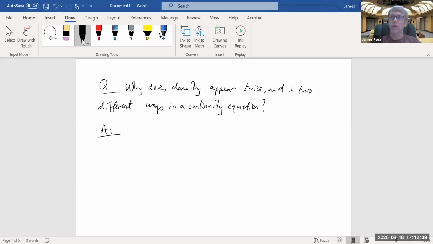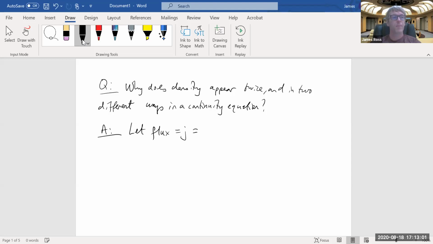Let, in general, instead of energy flux being Q, let's give it a generic flux J. So let flux equal J, just a generic flux.